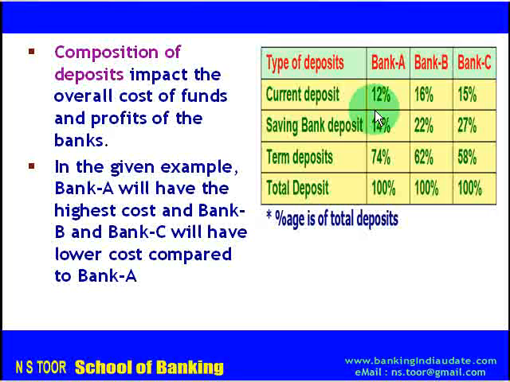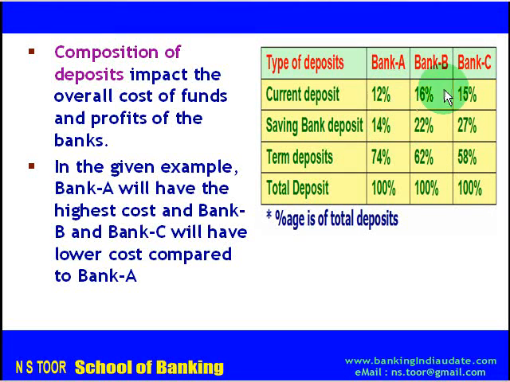In this example, Bank A will have the highest cost of deposits, because in case of Bank A, the low cost deposits, that is current account deposit and saving bank deposit, is lower, just 26% total of these two. So these are interest free, this low interest, this is high interest. So here Bank A is having lower amount of low cost deposit, only 26%.